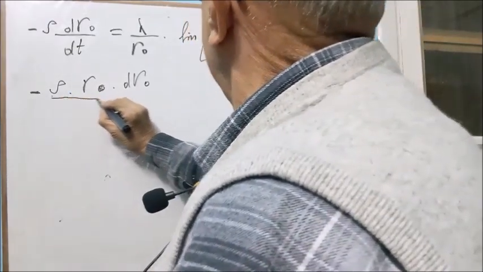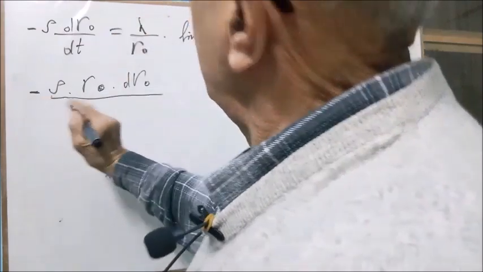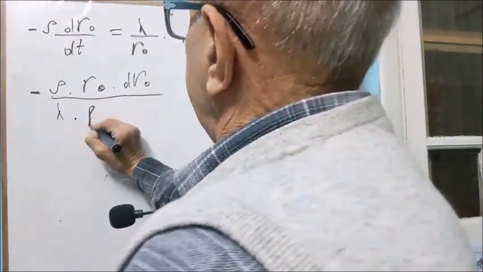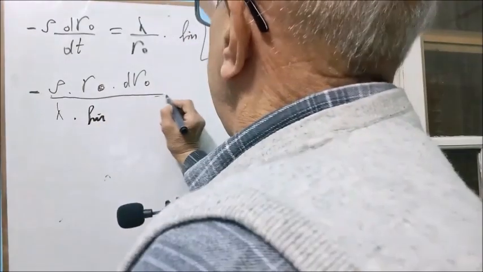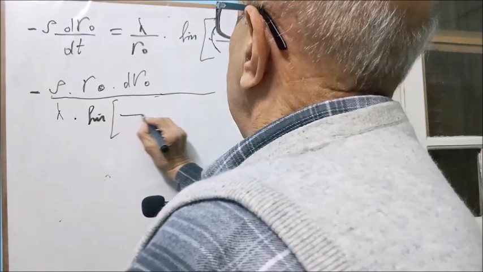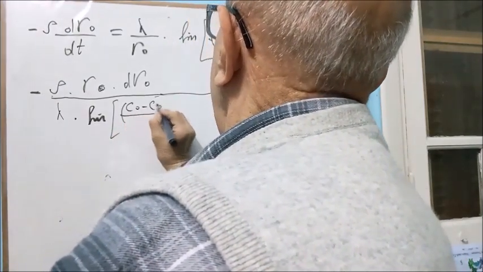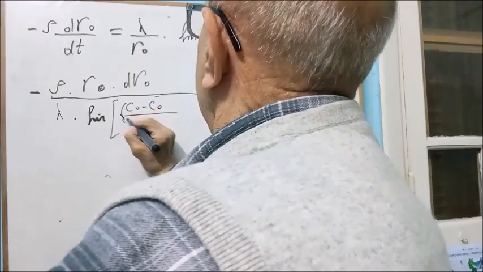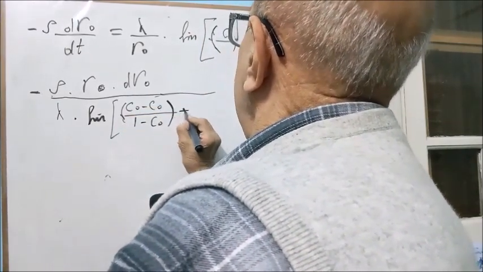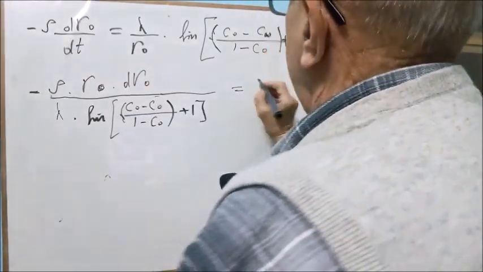Over, let's transfer all from the beginning. Lambda by cross multiplication here, lambda, and the ln term in the numerator becomes in the denominator of the left hand side, ln of (C0 minus C infinity over 1 minus C0) plus 1, equals dt.